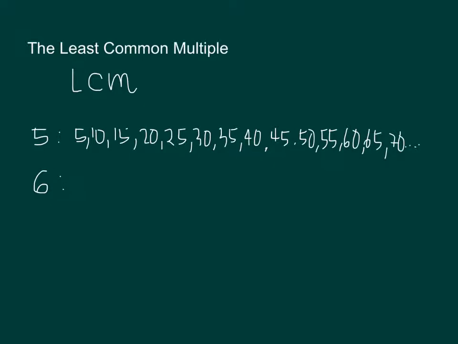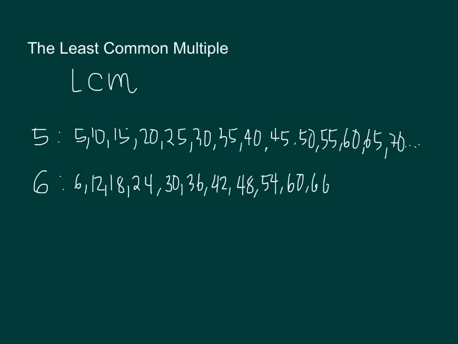Then you can write a lot of multiples of 5. Then let's check for 6. We have 6, 12, 18, 24, 30, 36, 42, 48, 54, 60, 66, 72, and so on and so forth.